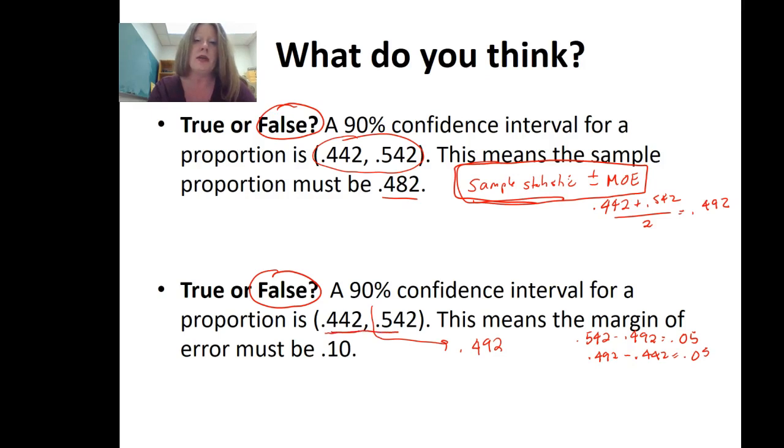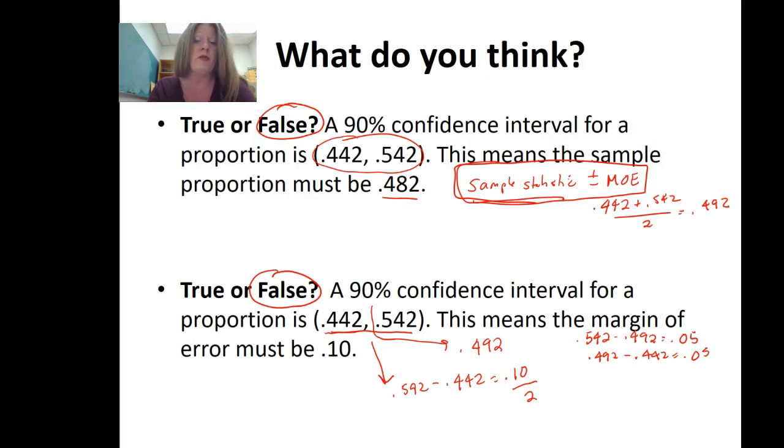Another thing that you can do here to figure out the margin of error is just figure out the overall range between your lower bound and your upper bound. Here that would be 0.542, sorry about my writing, minus 0.442, that's going to be 0.10, and we'd have to divide that in half, and that's because the overall range here is 0.10. Our sample statistic's right in the middle. It's halfway between those two numbers.